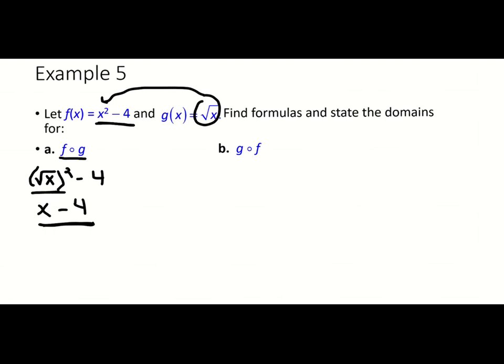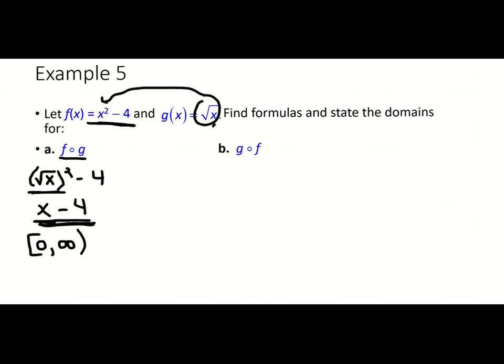So even though the domain for this function and this one is all real numbers, because I do have that radical in the original part, I cannot plug in negative numbers. So my domain here is going to be 0 to positive infinity. And again, sometimes you have to do a little investigating. We had to go back and look at the original functions because this one looks like all real numbers.